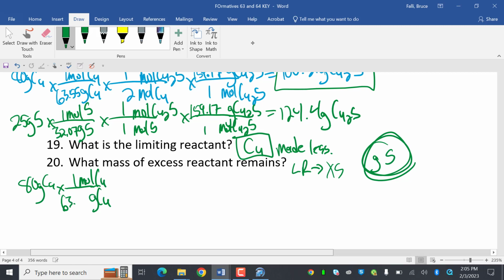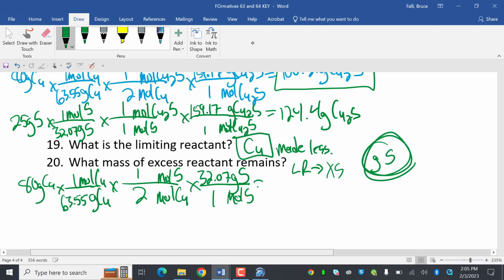Copper again is 63.55, from the periodic table. But before I can go into grams of sulfur, I have to go into moles of sulfur. Moles over moles, use coefficients, and from my balanced equation, S was 1 and copper was 2. Now I want to get out of moles of S and go into grams of S. And 1 mole, go to the periodic table, 32.07.